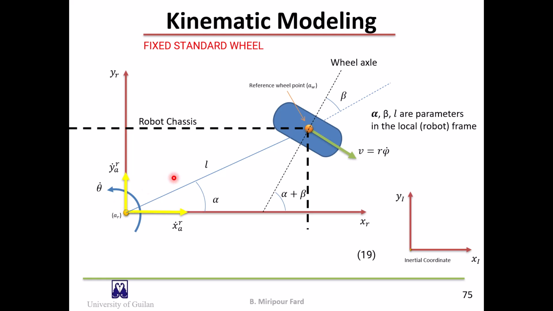We can then project this velocity on the wheel plane as well as on the wheel axis direction. For pure rolling, this velocity should be equal to r times phi dot. Therefore, with a simple vector algebra task, the pure rolling constraint can be written in this form. This equation is written in the frame connected to the robot.